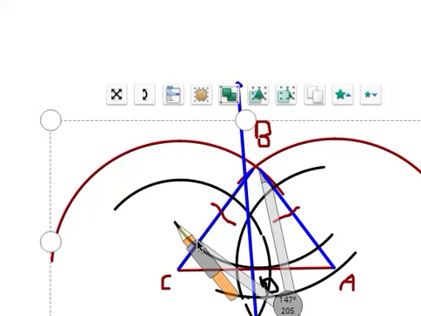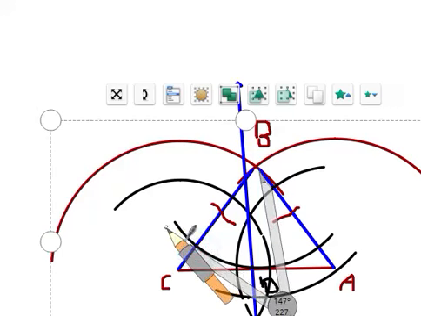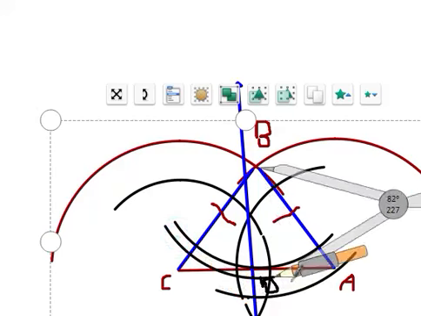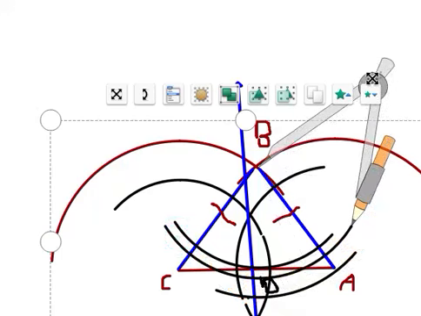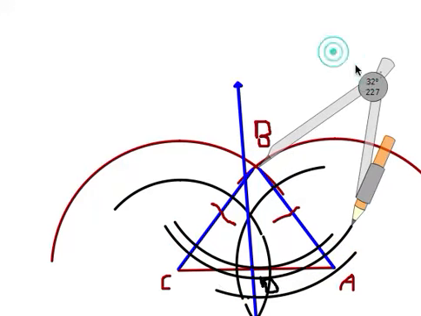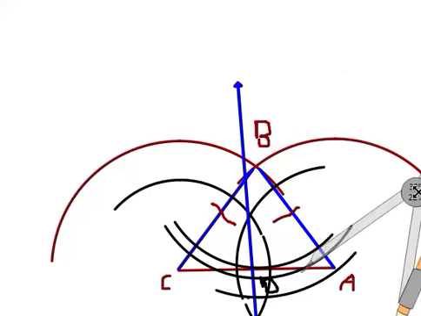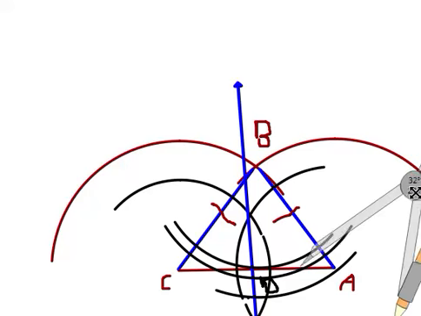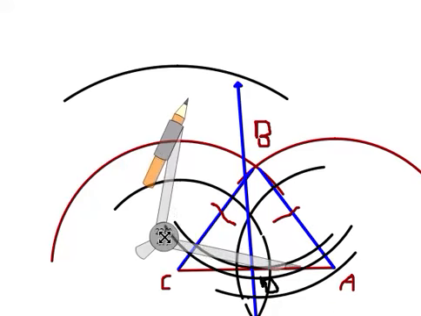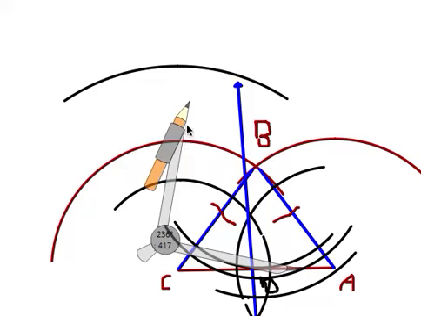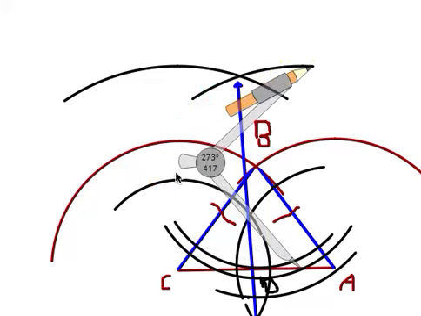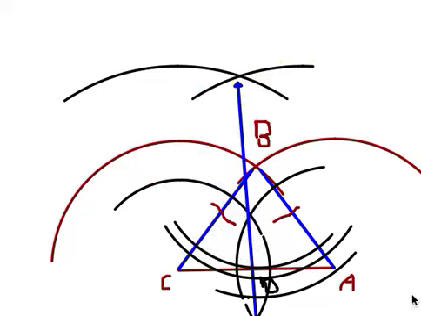No, it doesn't cut, so I will draw it here. Yes, intersection at two points here. Then we must open it up and down to draw the arc here, so we can draw the perpendicular.